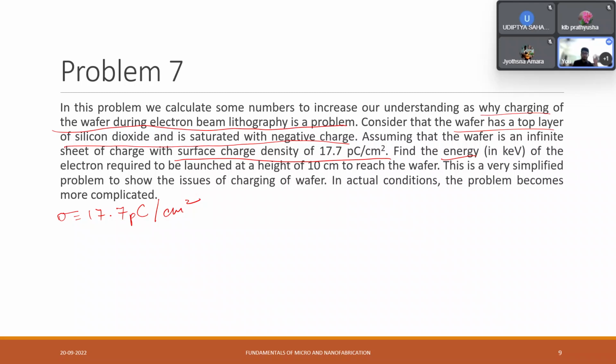This will tell us about the issues of charging of the wafer. This is only one factor, and there are a lot of other factors, so it is just a simplified model which will help us understand it. So you all can try it.